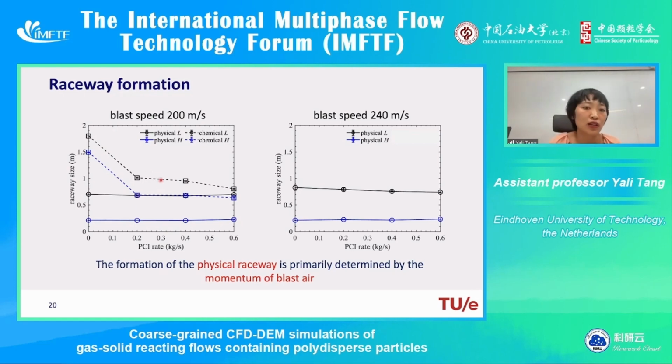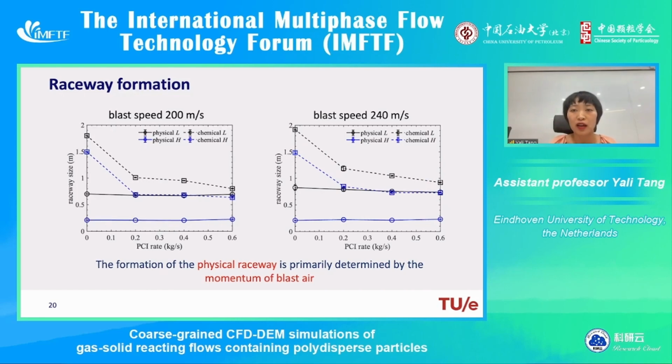That means the chemical raceway size might shrink. However, still it eventually will converge to a stable dimension. At a higher blast speed, again, the size of the chemical raceway becomes slightly larger than at the lower blast speed, and a similar change can be seen, that eventually indeed it will converge to a stable size.